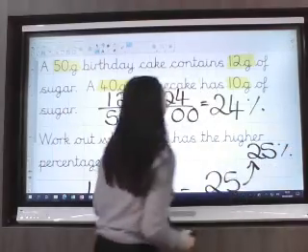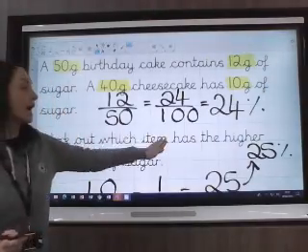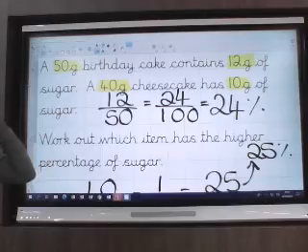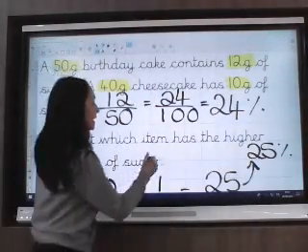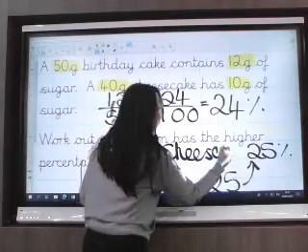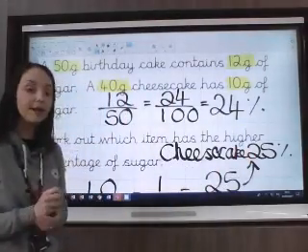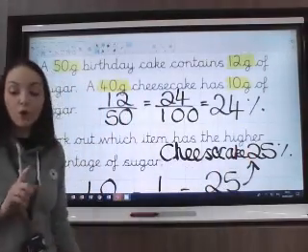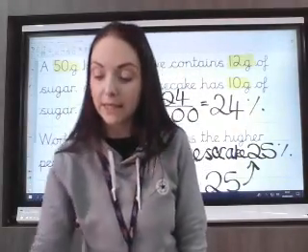Remember, your question was, work out which item has the higher percentage of sugar. So it's this one, isn't it? 25 is higher than 24. So my answer for that one would be cheesecake.